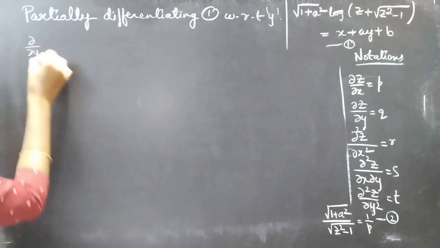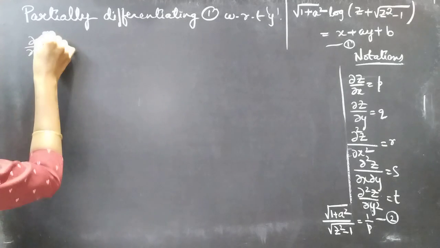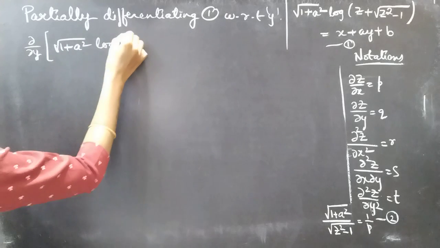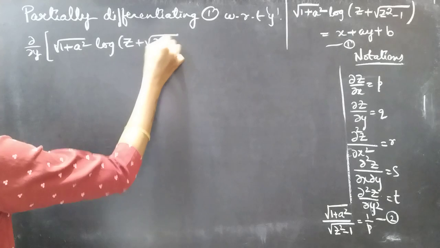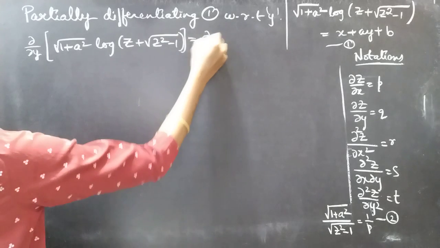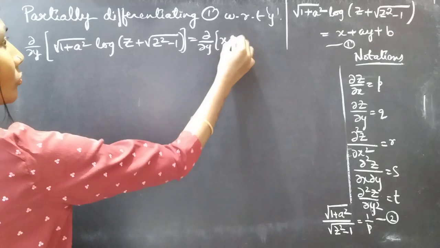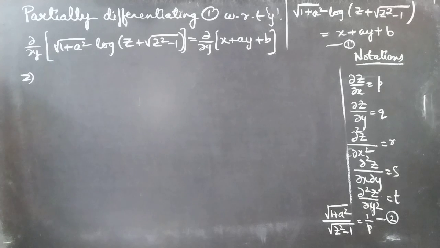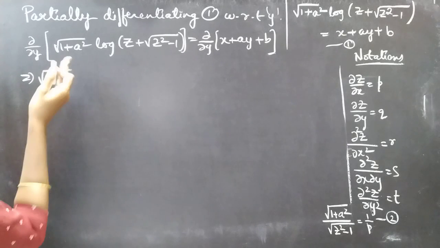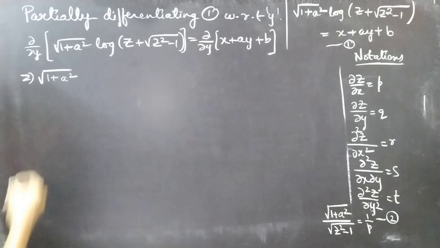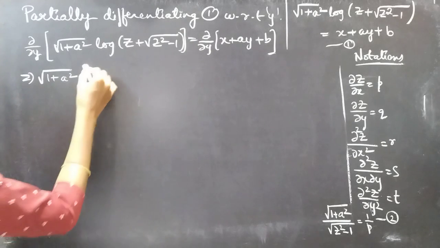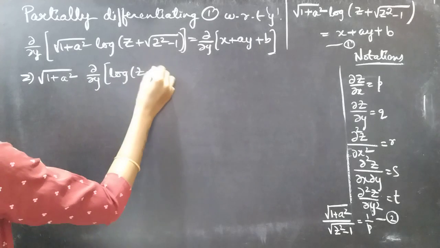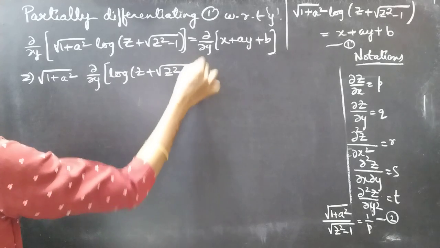Just apply dou by dou y on both sides of 1, or skip this step and do directly. Here 1 by a square is constant, so square root of 1 plus a square is constant. We can write it as square root of 1 plus a square into dou by dou y of log of z plus square root of z square minus 1.